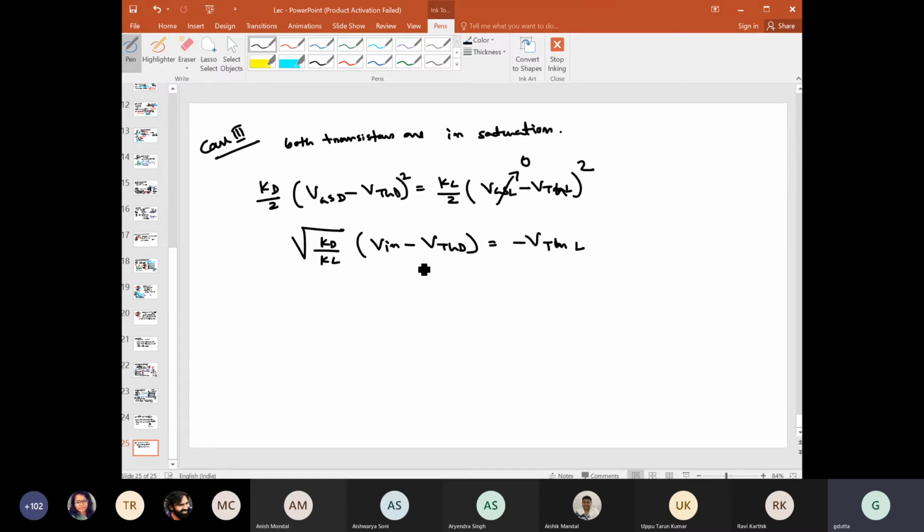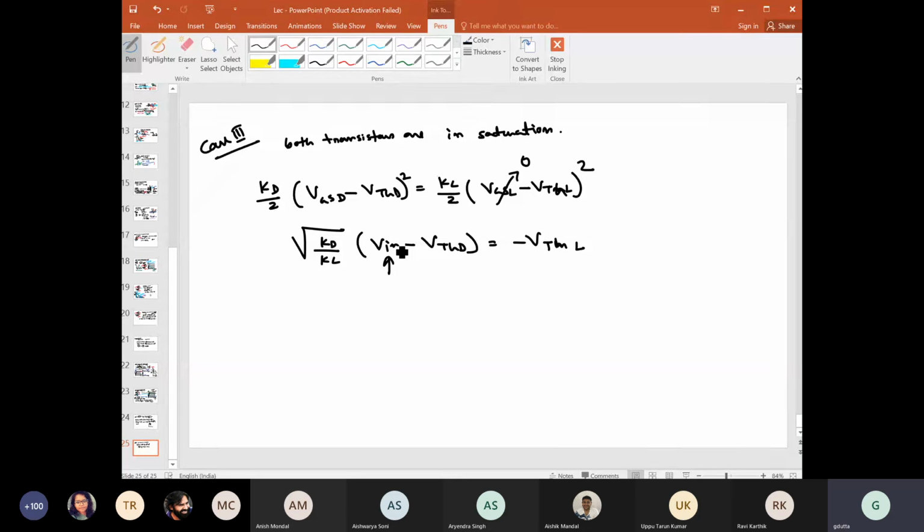From this you can simplify further and try to find the value of Vin for which it will happen. You can see the value of Vin for the case 3 region is constant. Vin is only a single value, so the value of Vin is constant.